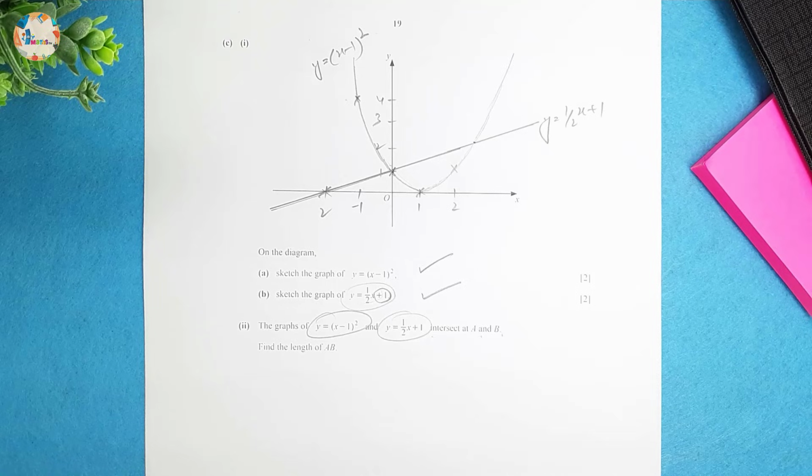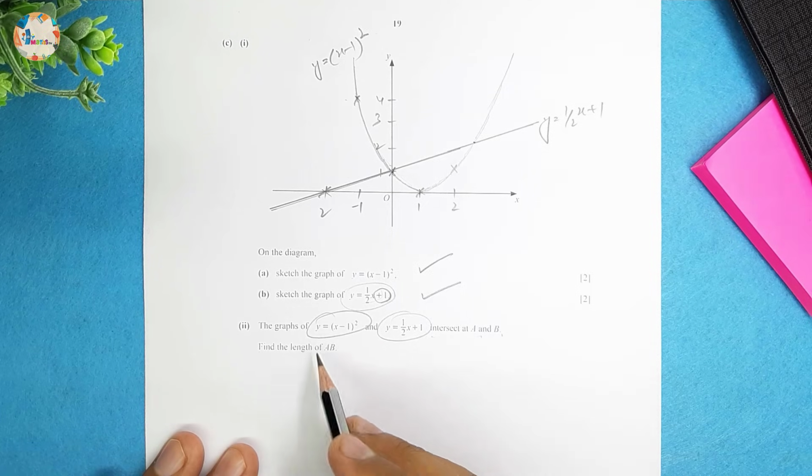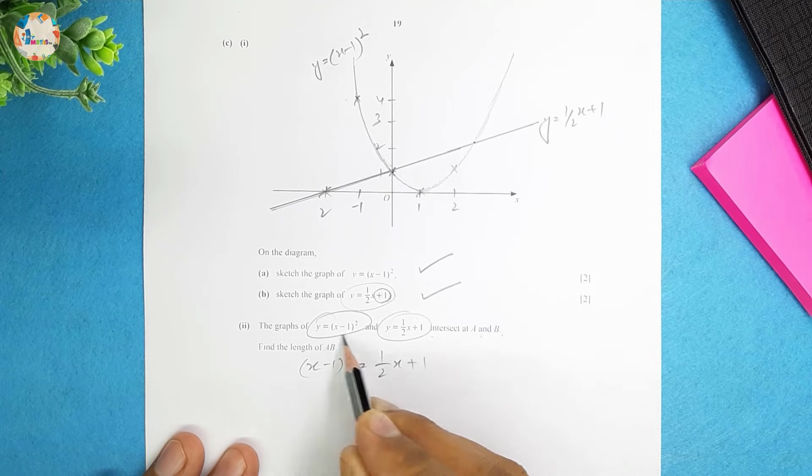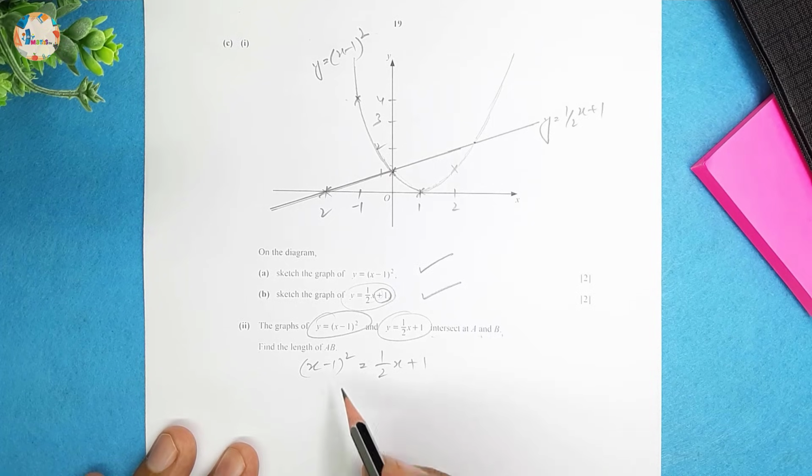So for points of intersection, basically we are equating the equations. So (x minus 1) squared is equal to 1 by 2 x plus 1, and we are equating these two equations. And now we can open this square.